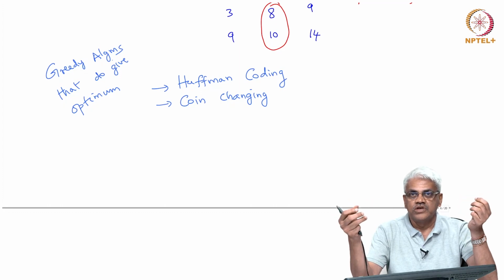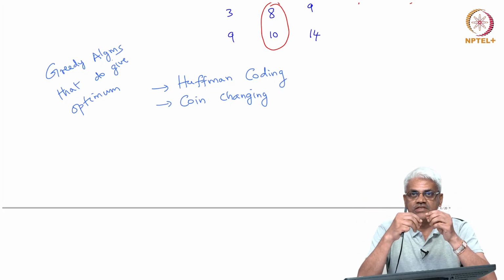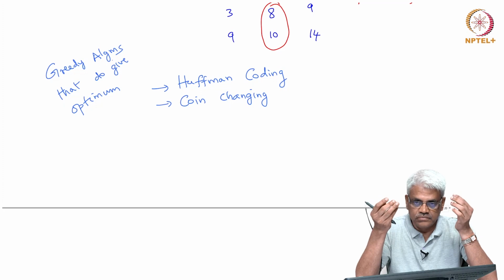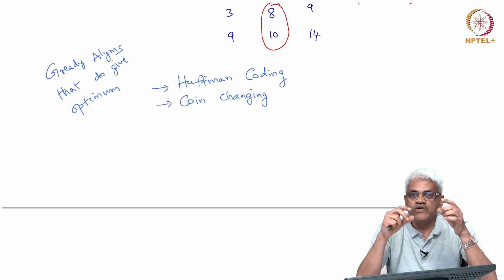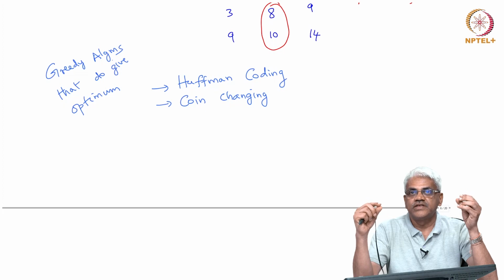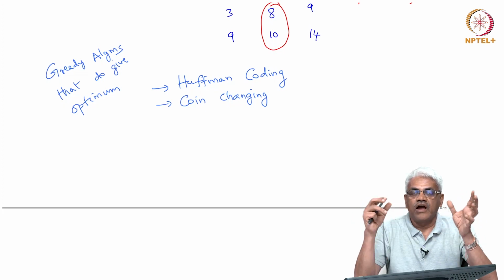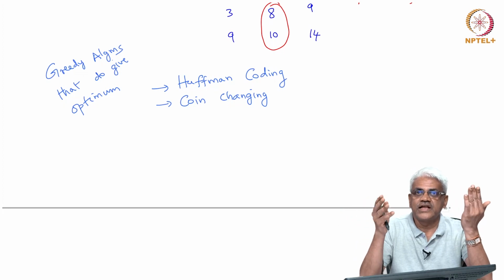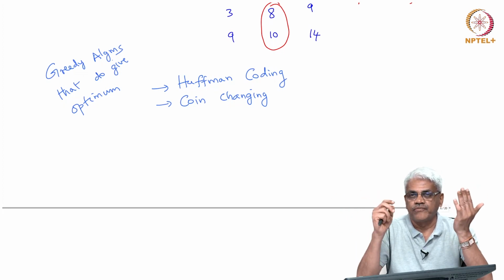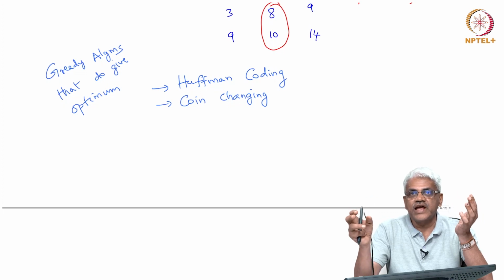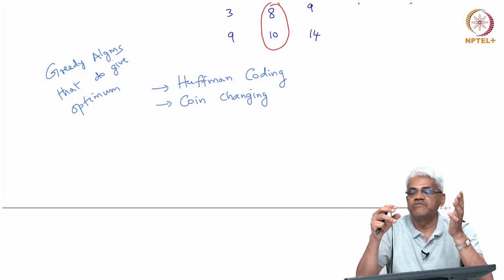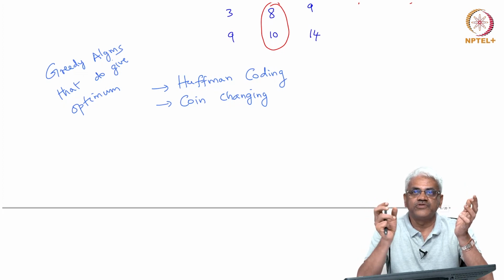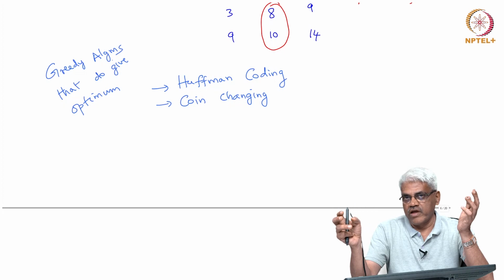So the greedy choice is, whatever the highest currency denomination you have, can you take the maximum out of it? If you want to change 100, let's say your currencies are 10, 5, 2, 1, then give as many 10 rupees as possible. Let's say I want to change 125. Give as many 10 rupees as possible, right? 12 ten-rupee notes will give me 120, and then I have 5.